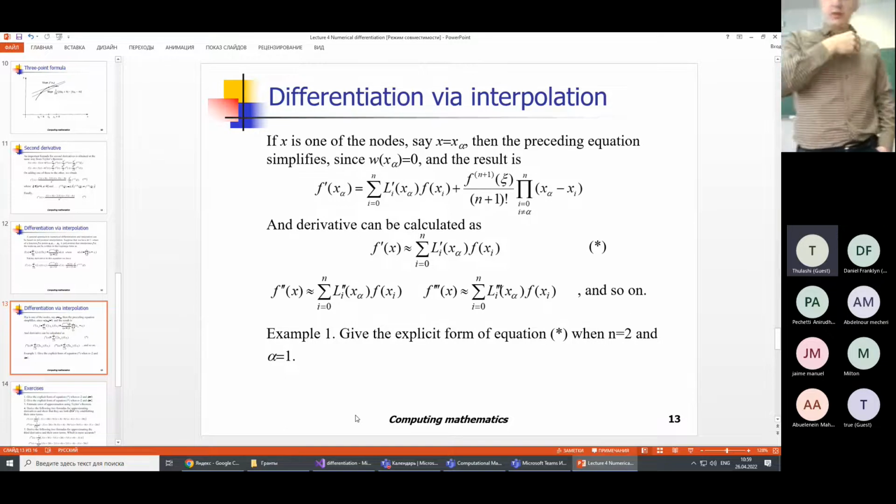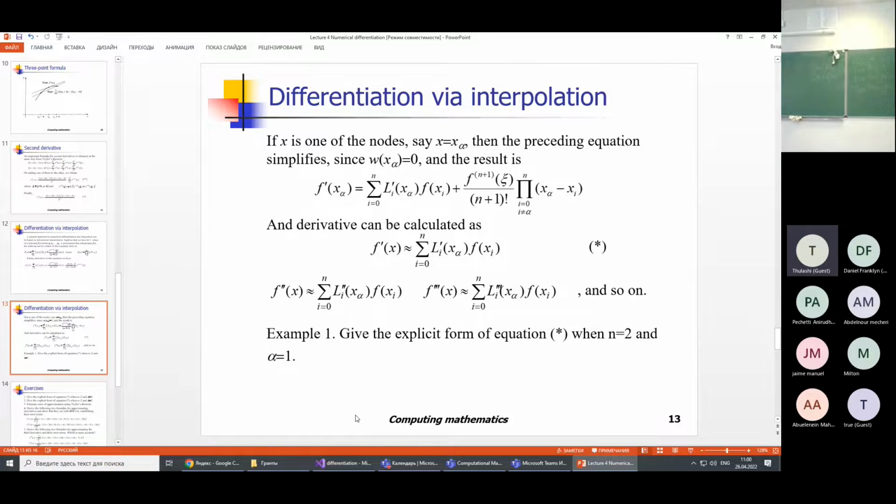In this case, the formula will be very simple. It's written in the form of the formula with star.